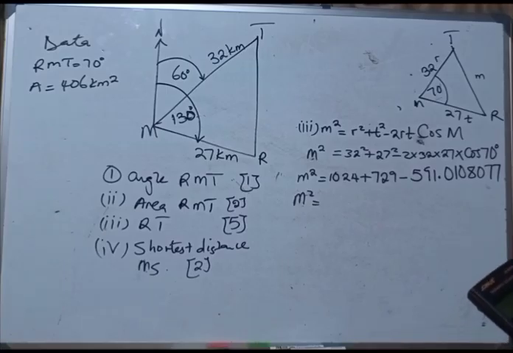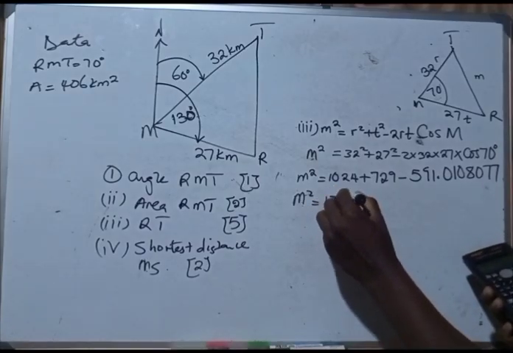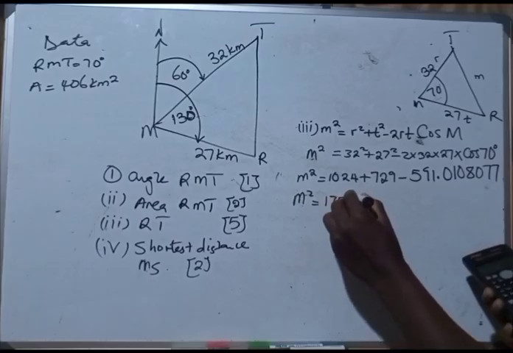So we'll say m squared is, we add these two. We have 1024 plus 729. The answer we are getting is 1753.